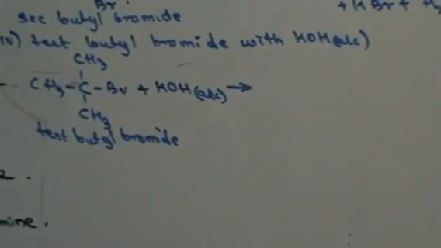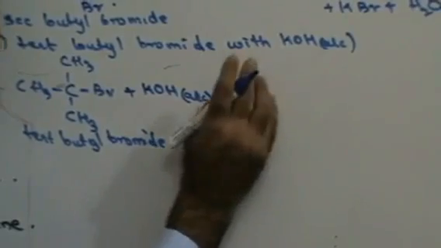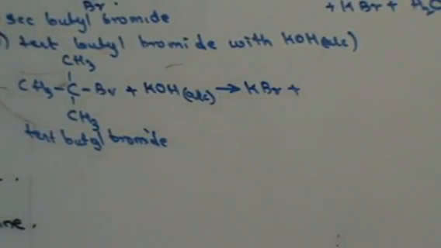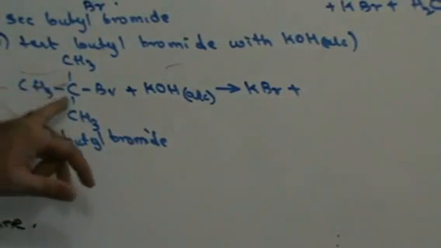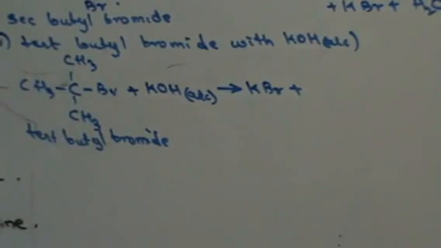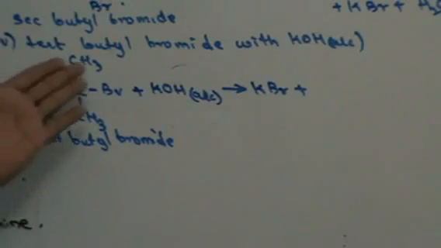Now, in which case, first of all, you will have dehydrohalogenation. So that means KBr. Potassium reacts with bromine. Now, in this case, I cannot use Saytzeff's rule because if you look at the carbon atoms adjacent to the tertiary carbon atom, all of them have same number of hydrogen atoms. If those carbon atoms did not have the same number of hydrogen atoms, then I could have used Saytzeff's rule.